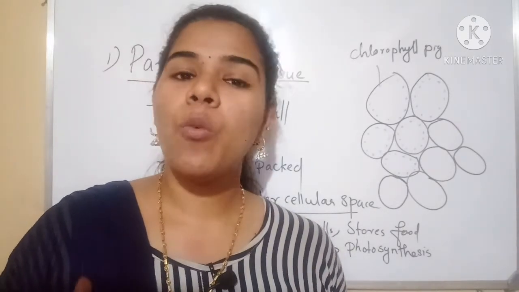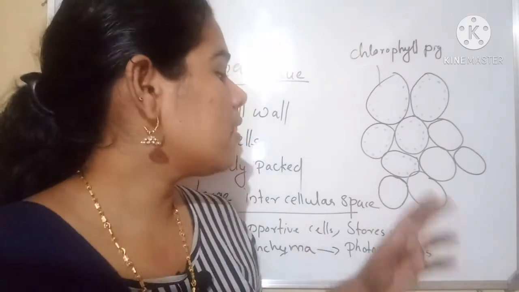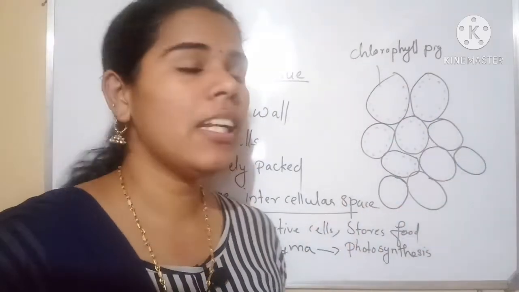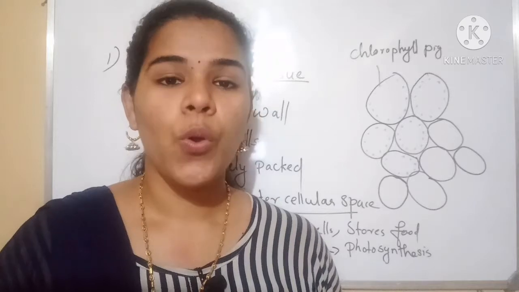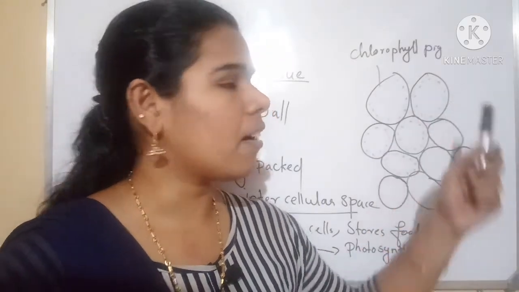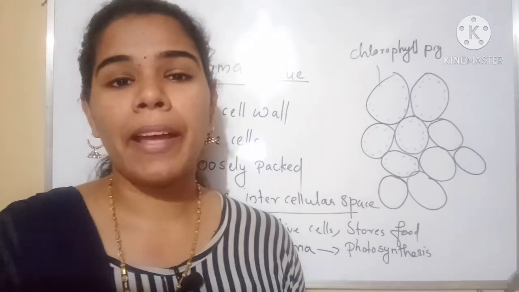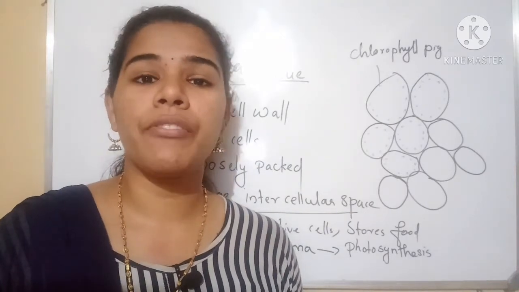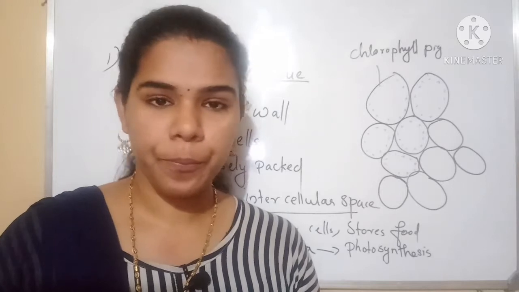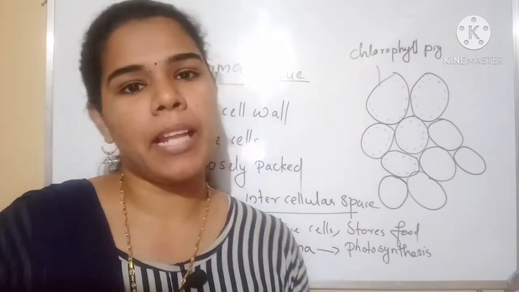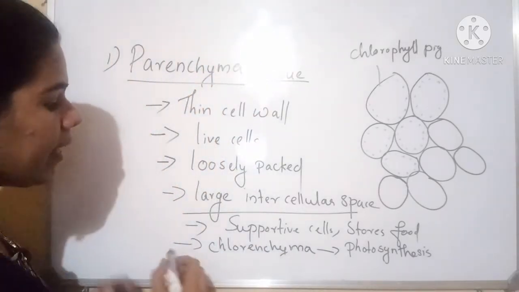in aquatic plants the parenchyma is filled with air. So air cavities are seen in the case of parenchyma. So these parenchymatous tissues are filled with air in aquatic plants.